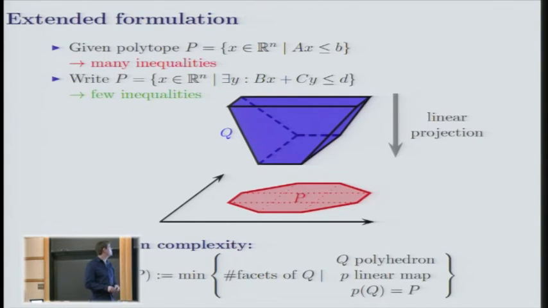So in other words, you have your original optimization problem, and you think of introducing some auxiliary variables y, and then you want to write down your problem as a linear program. And the question is, how large does that linear program need to be?